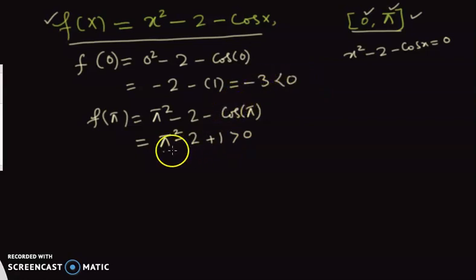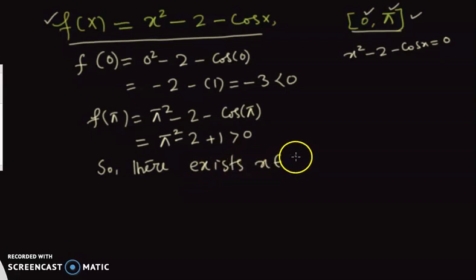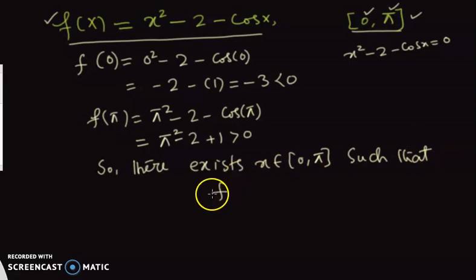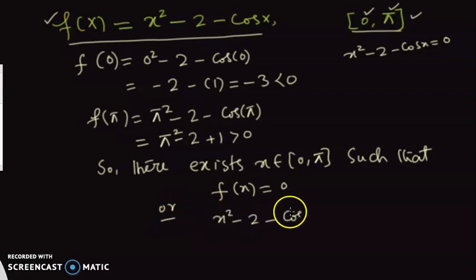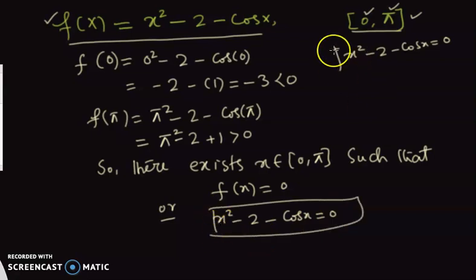Because f of a is negative and f of b is positive, there exists x in the interval 0 to pi such that f of x is equal to 0, or you can say that x square minus 2 minus cos x is equal to 0, or that this equation has a root on this interval.